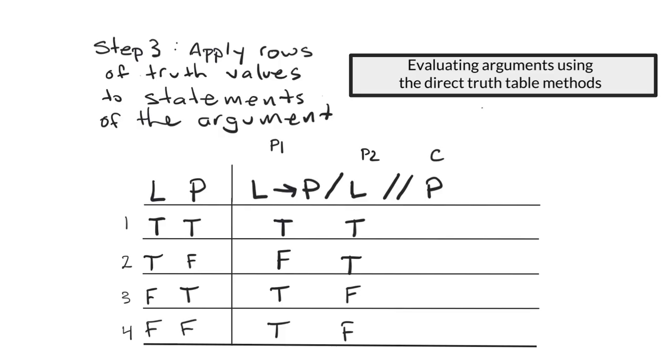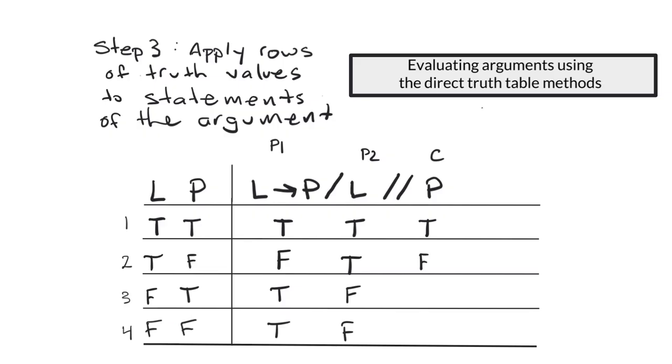And similarly, the conclusion is simply the atomic statement P. We just follow that row by row. So row 1, where P is true, we put true under P, the conclusion. Row 2, it's false. Row 3, it's true.